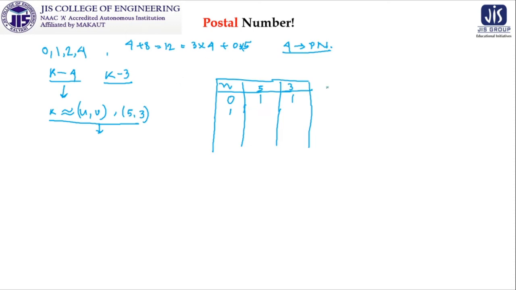So when n is 1, that means 1 plus 8, you got 9. That means 3 into 3, so 0 into 3. Then when n is 2, it is 2, it is 0. When n is 3, that means 3 plus 8 means 11. You are getting 1 and 2, 6 plus 5. When n is 4, you are getting 0 and 4.